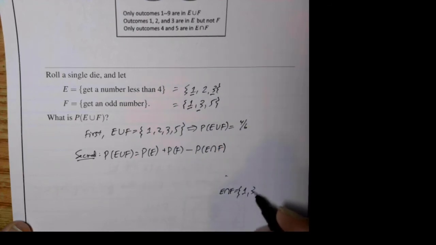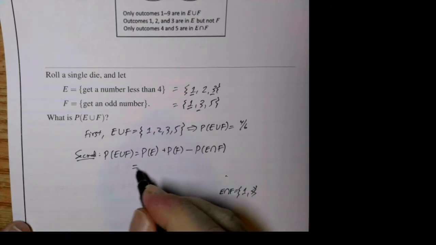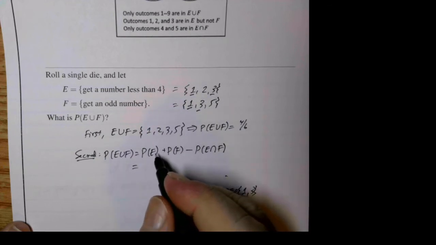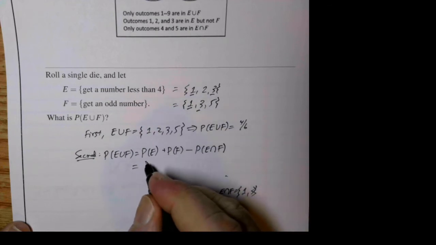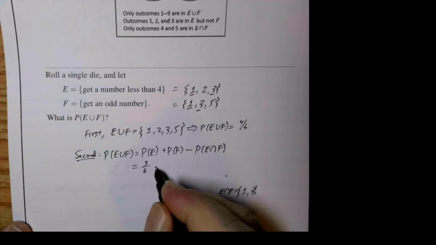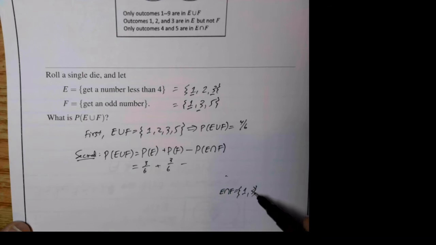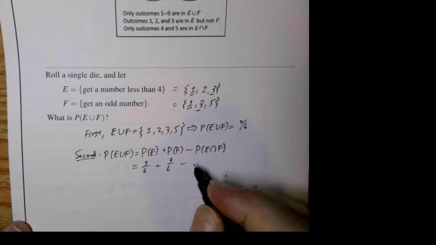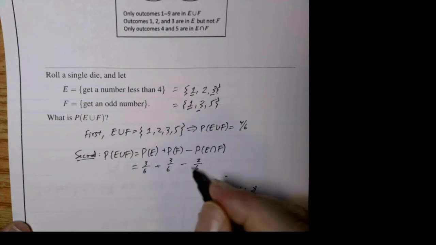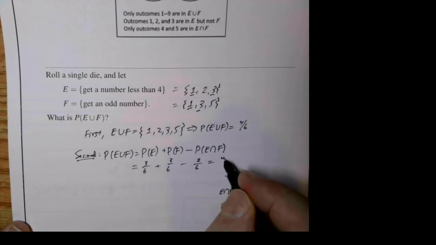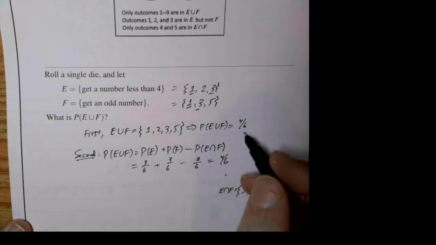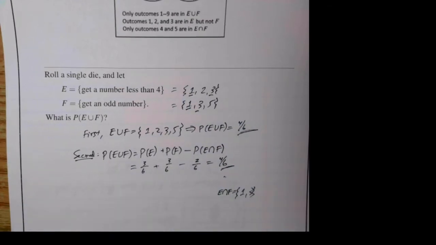So E intersect F is going to be just the event containing the outcomes 1 and 3. So here, these are easy. The probability of E, there are 3 outcomes in E, 6 altogether, everything equally likely. Same with F, 3/6. And now the probability of E intersect F, that contains 2 outcomes out of the 6 equally likely outcomes. So that's 2/6. So when you do the arithmetic here, you end up with 4/6. It's the same thing you ended up with over there, of course.